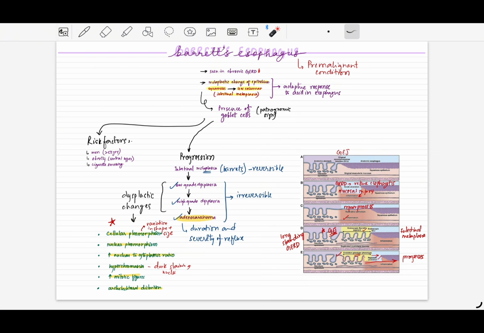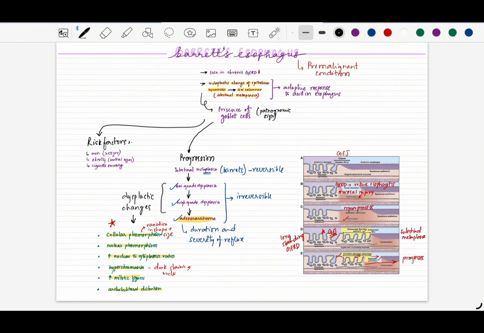Summarizing, after long-standing GERD, Barrett's esophagus is a pre-malignant condition that first leads to intestinal metaplasia, followed by low-grade dysplasia, high-grade dysplasia, and then eventually giving rise to adenocarcinoma.